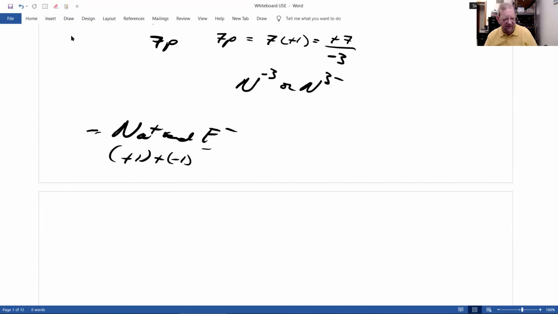Sodium is a +1 cation, and fluoride is a -1 ion, or anion. Does that add up to 0? And the answer is yes. So the formula for sodium fluoride is NaF.